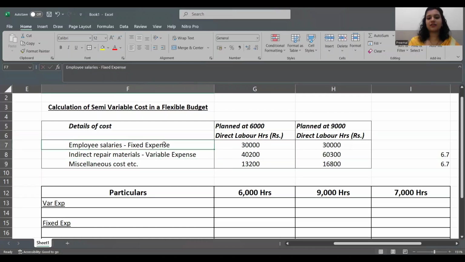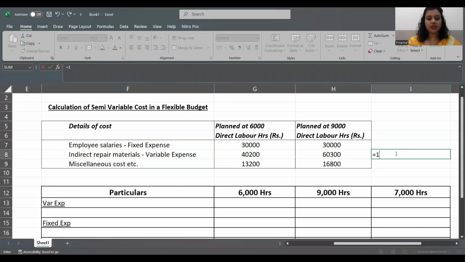So now that we've identified fixed and variable, let's find out if miscellaneous comes under either of these two categories. The amount is not the same in both the columns, so it's obvious that it is not a fixed cost. What about the cost per unit? Let's find out that. So miscellaneous cost in the first column, 13,200 divided by 6,000 labor hours is giving me a cost per unit of 2.2.